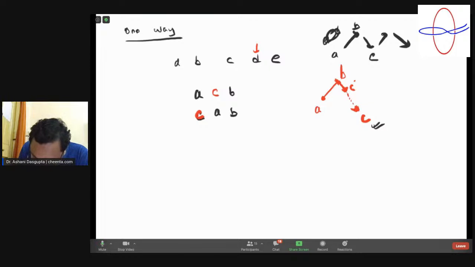So we know that D is here, right? D is above C. So let's take the first position of C here. I can draw it like this, or I can draw it like this. So this is D or this is D. What do these two positions mean?